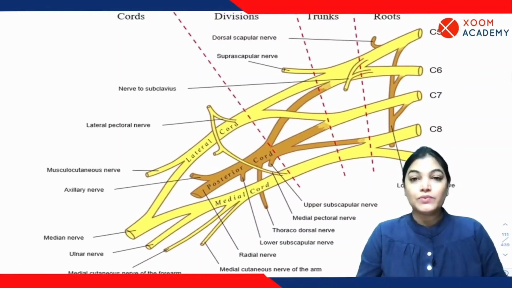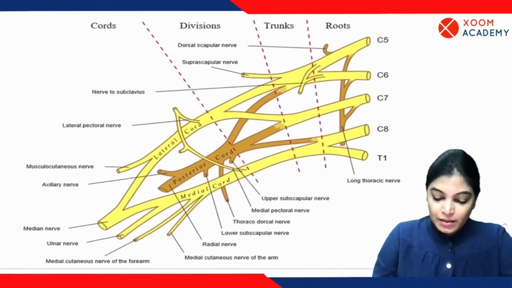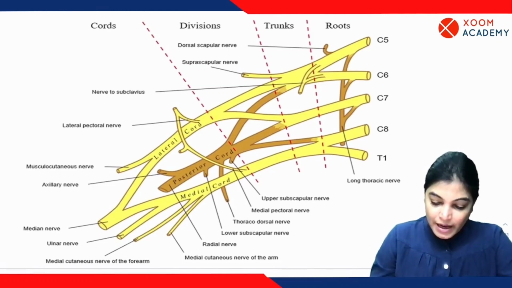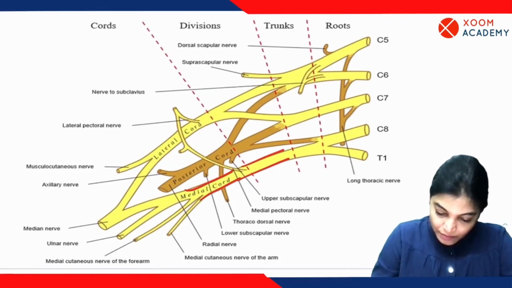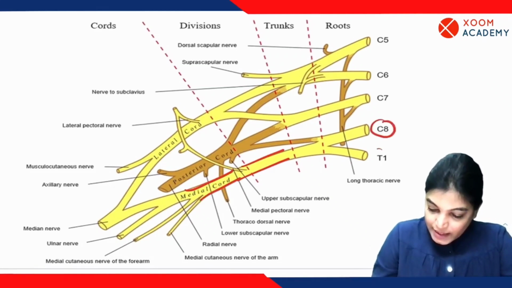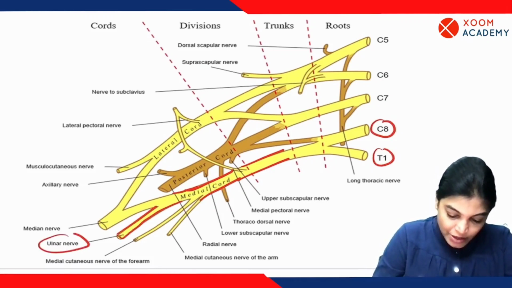This is a diagram in which we can appreciate the brachial plexus, and here you can clearly see the medial cord of the brachial plexus. I would like to highlight this. This is the medial cord, having the root value C8 and T1, and here you can appreciate this is the ulnar nerve, a branch from the medial cord.